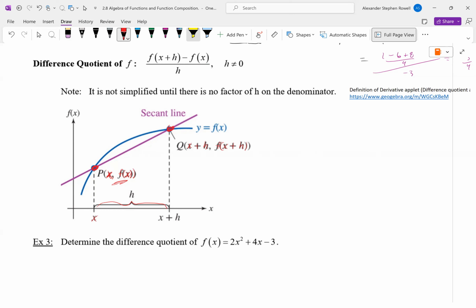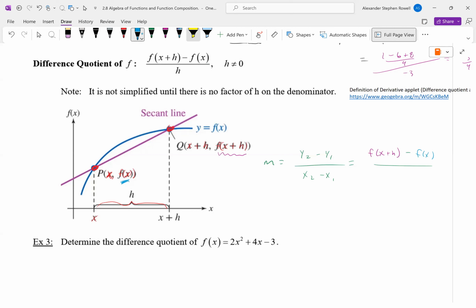All right, here's a review question. How do you find the slope between 2 points? Yeah, very good. All right, we know that one. M is equal to y2 minus y1 over x2 minus x1. What's y2? Yes, f of x plus h. Minus, what is y1? Very good, f of x.